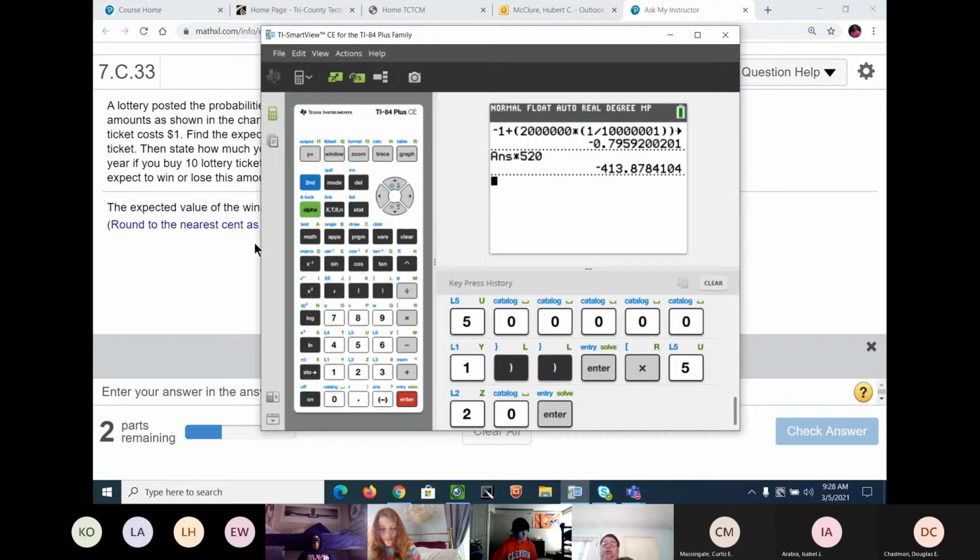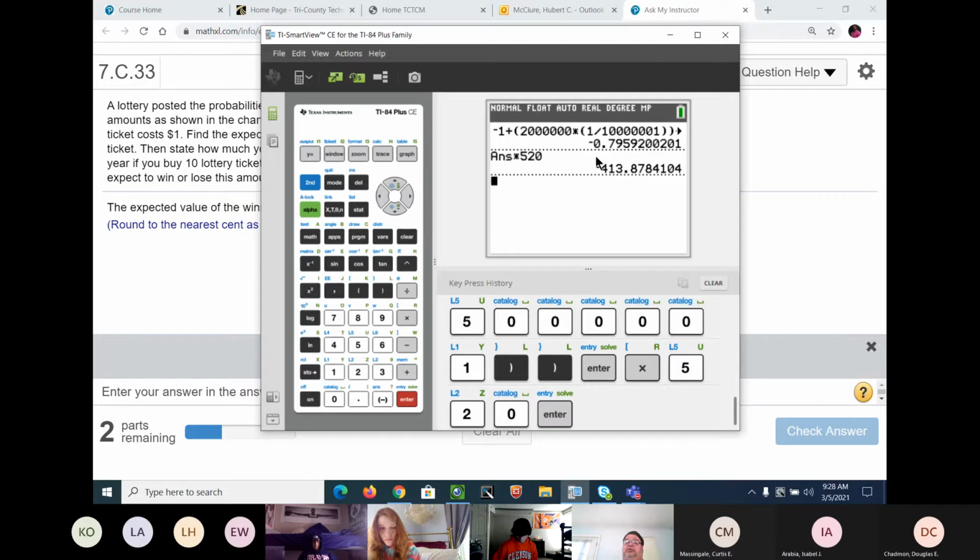Negative $413.88. So are you playing to win or are you playing for fun? You're playing for fun because the expected value tells you that you got an 80% chance of losing with each ticket.